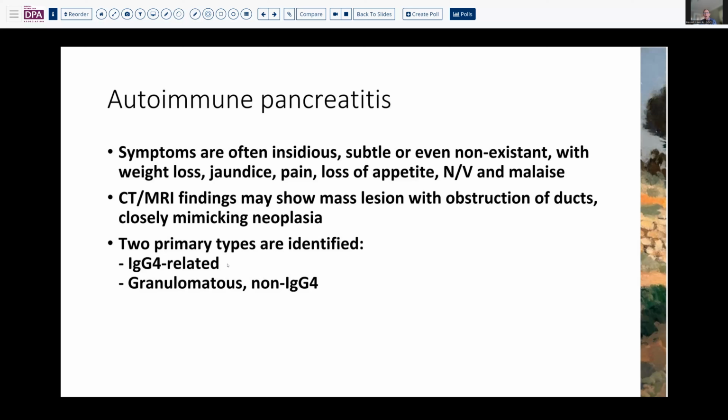Additionally, IgG4 can be elevated in the serum in these patients, so sometimes serologic testing can be useful as well. And then there is a non-IgG4 type, which tends to be a little more duct-centric and have oftentimes a somewhat granulomatous character to the inflammatory process as well.